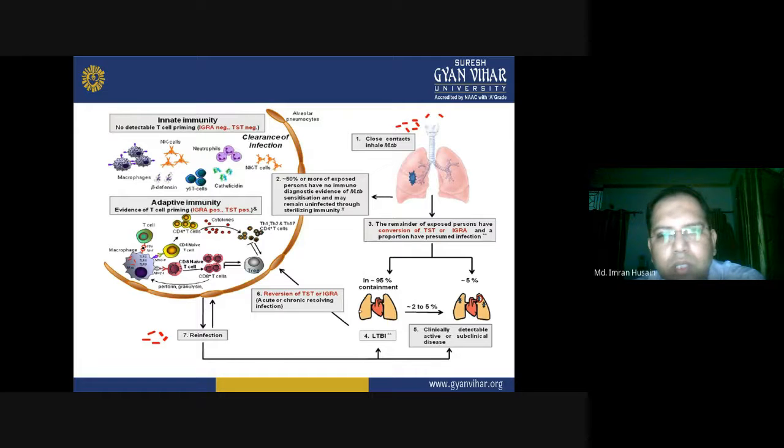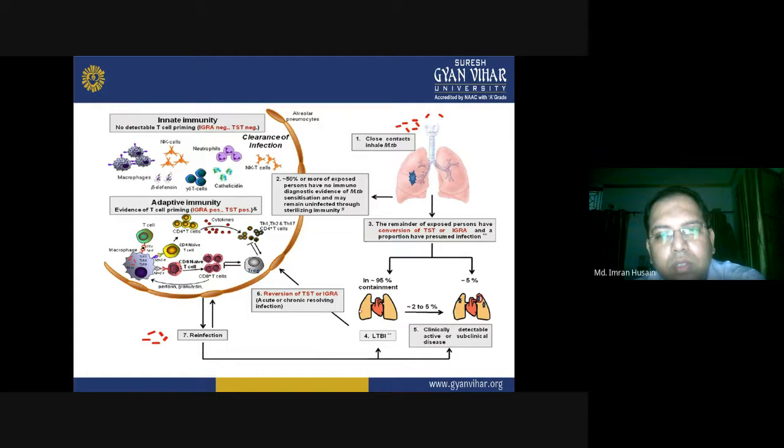So here you can see the diagrammatic representation of innate immunity, with no detectable T cell priming, involving macrophages, NK cells, beta defensins, neutrophils, gamma delta T cells, cathelicidins, and clearance of infection.